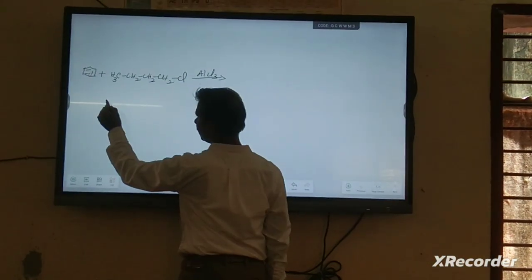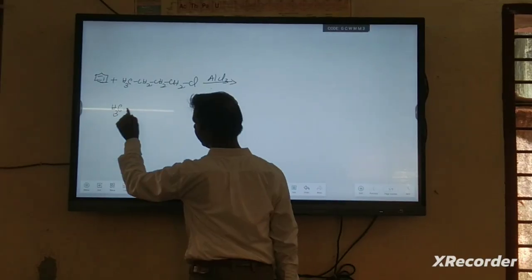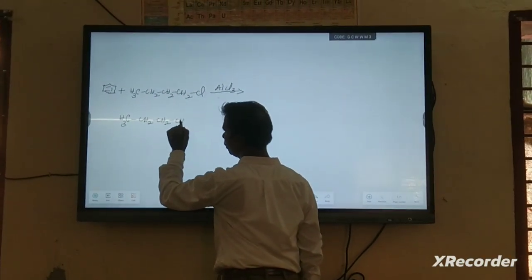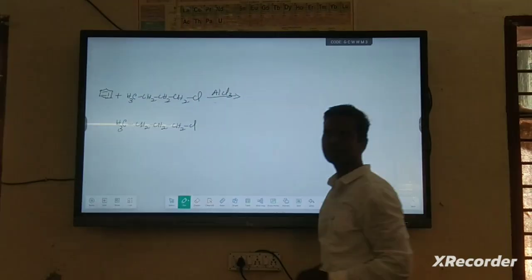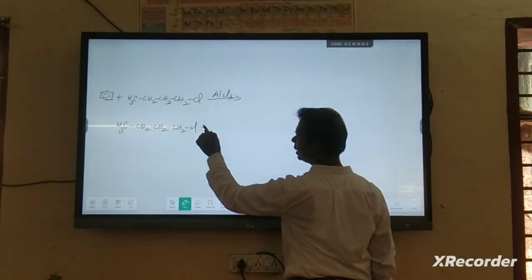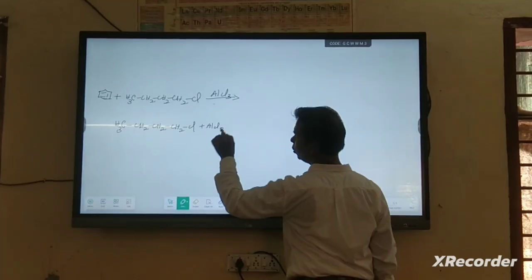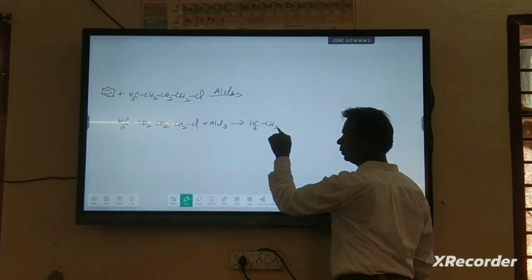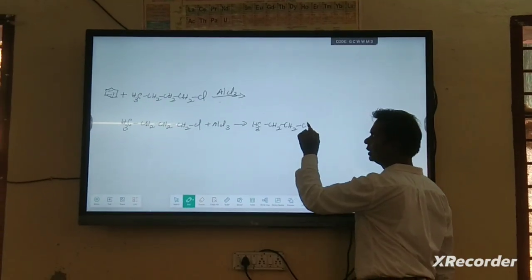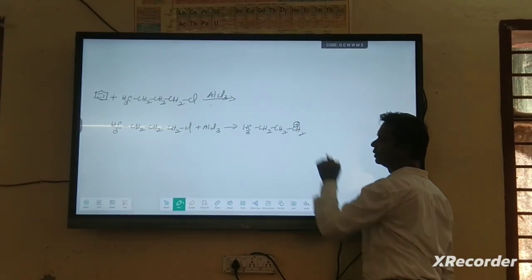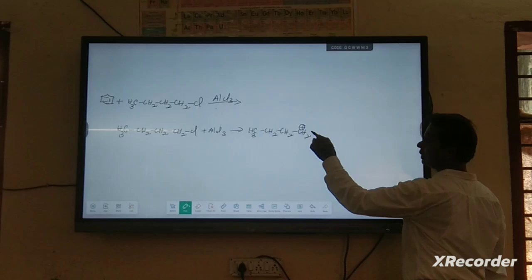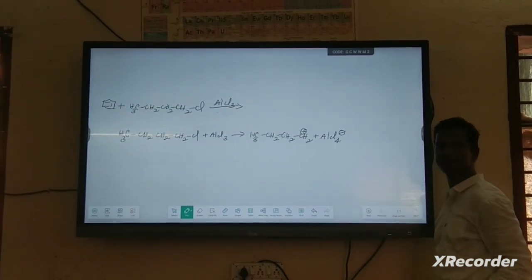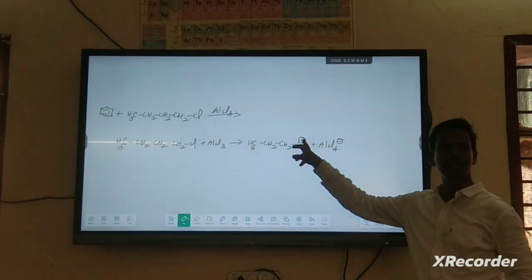Check the mechanism. Which is the stable carbocation here? CH3 CH2 CH2 CH2 Cl reacts with AlCl3 to provide CH3 CH2 CH2 CH2 plus and AlCl4 minus. This is the primary carbocation.